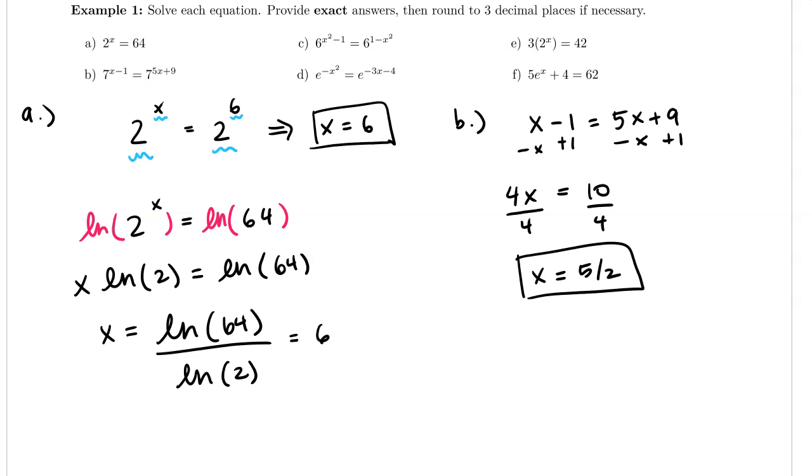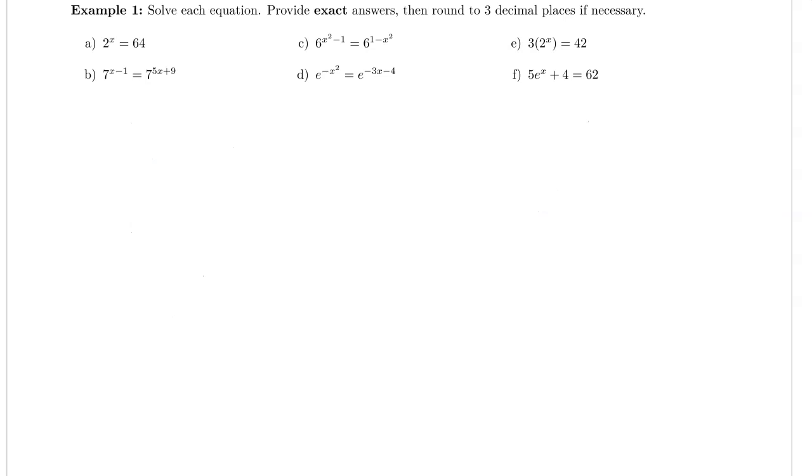Similarly, in part B, I could have used a logarithm, so let's see how that would have worked. So we have 7 to the power of x minus 1 is equal to 7 to the power of 5x plus 9.